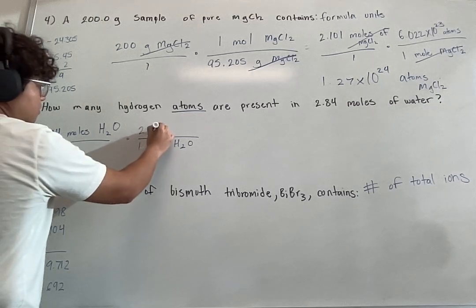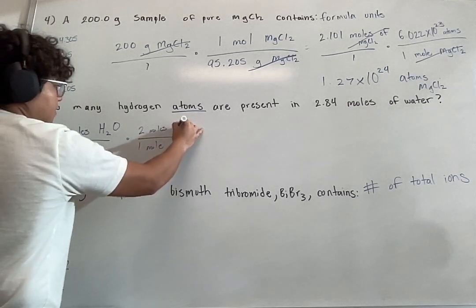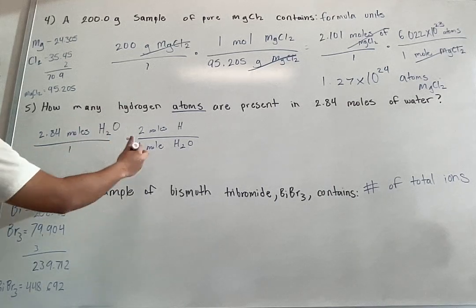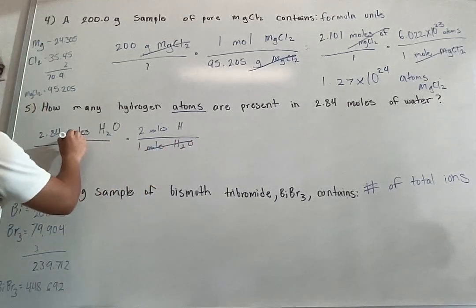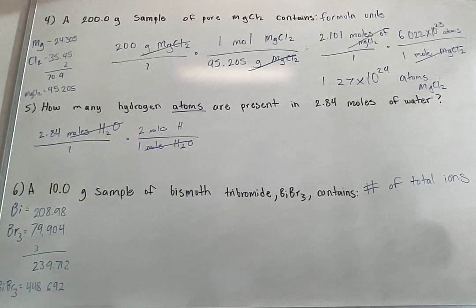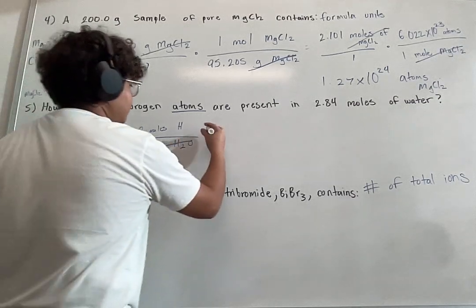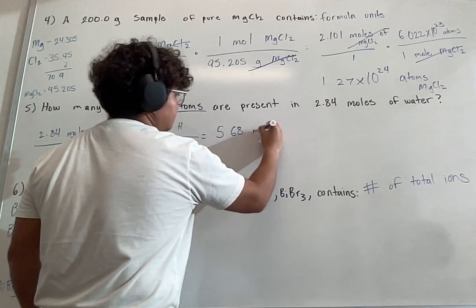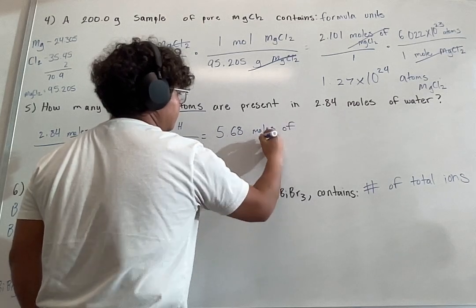So 2 moles of hydrogen. So just like we did before, we're going to cancel out moles of water, and we end up just with the moles of hydrogen. So 2.84 times 2 is 5.68 moles of hydrogen.